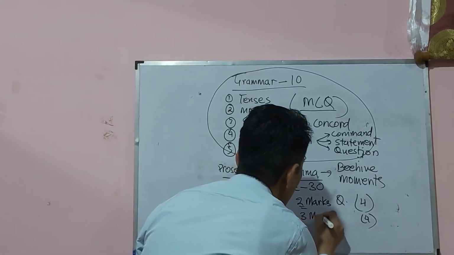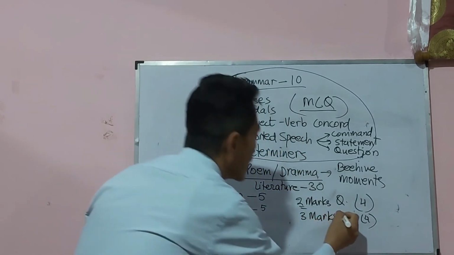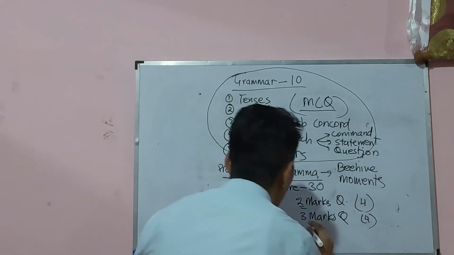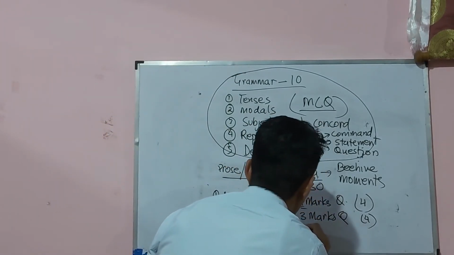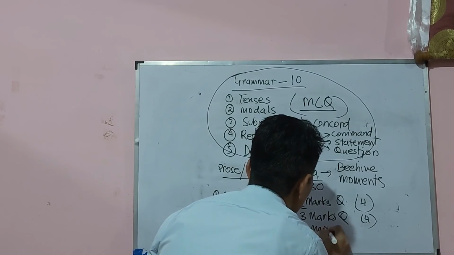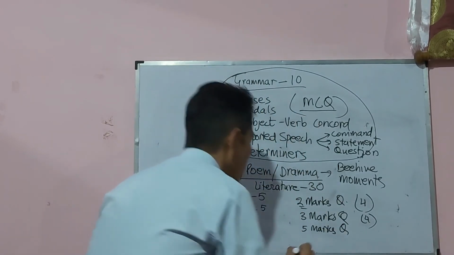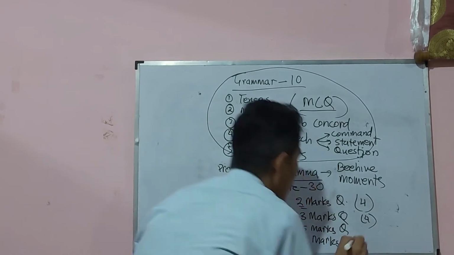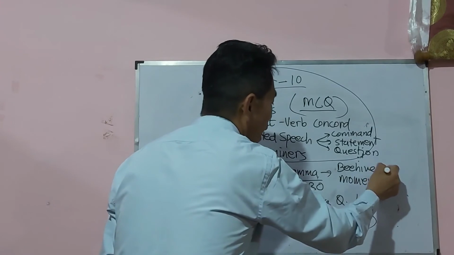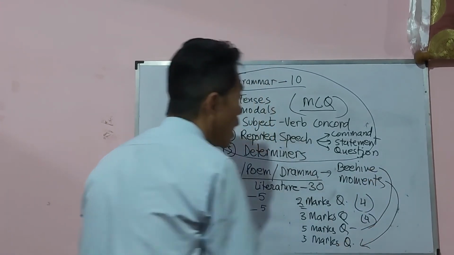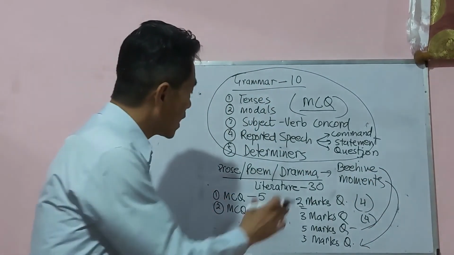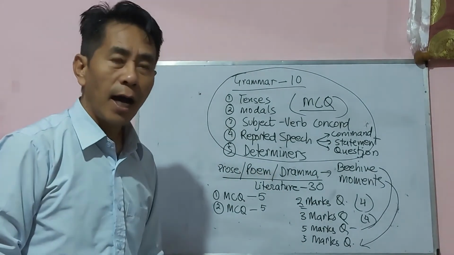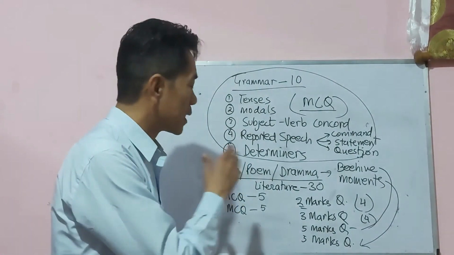Then we have 5 marks long questions. Again, there will be 5 marks questions. One will be from the Beehive, the other one from the Moments textbook. So with this, we have come to the end of these 30 marks. This is how I divided the literature marks.